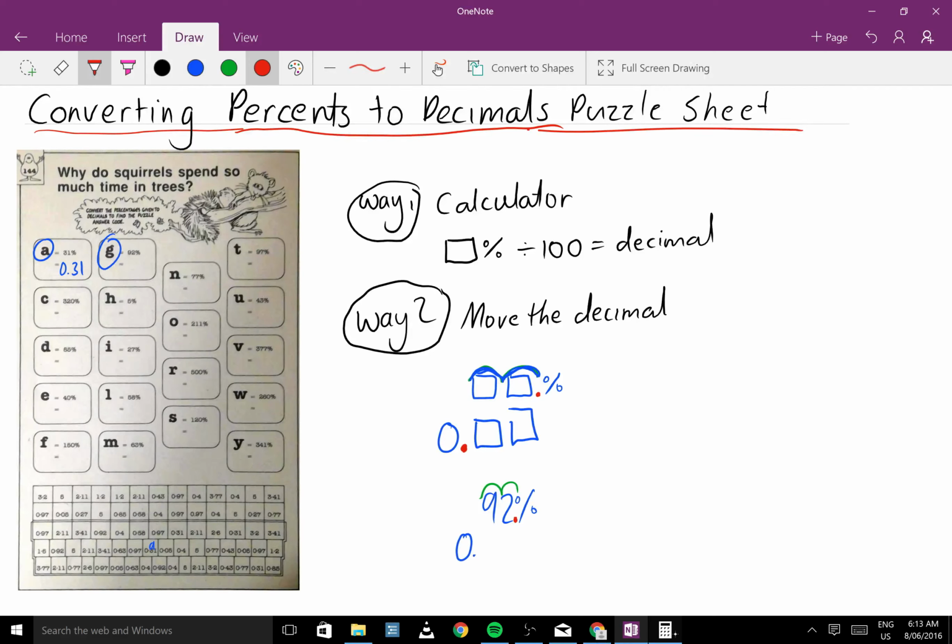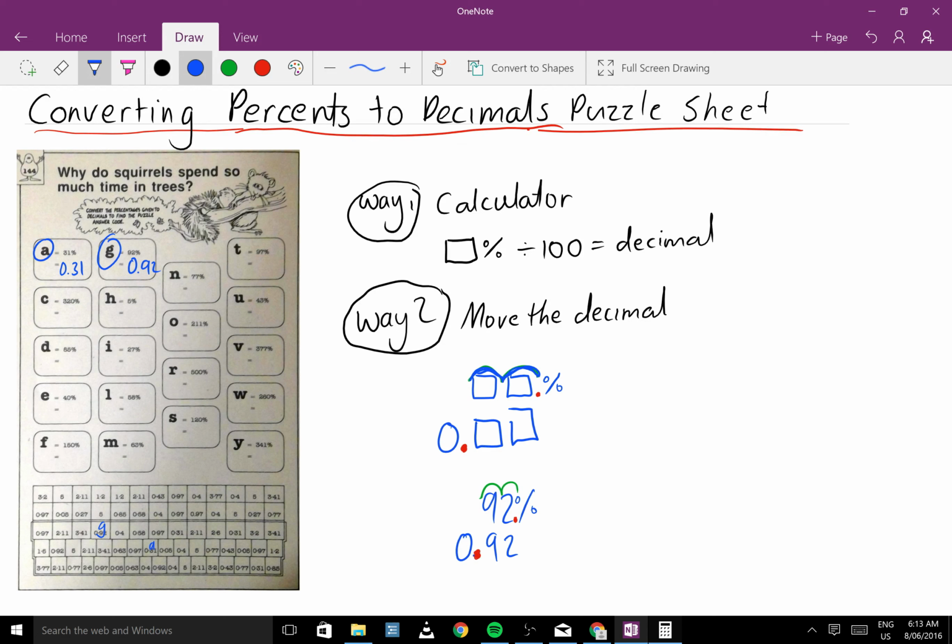That decimal point is now here because it's jumped 2 to the left, and I end up with 92. So this is 0.92. And I find it down here. Hopefully that'll be quicker than the first job. 0.92. Oh, there we go. And that's G.